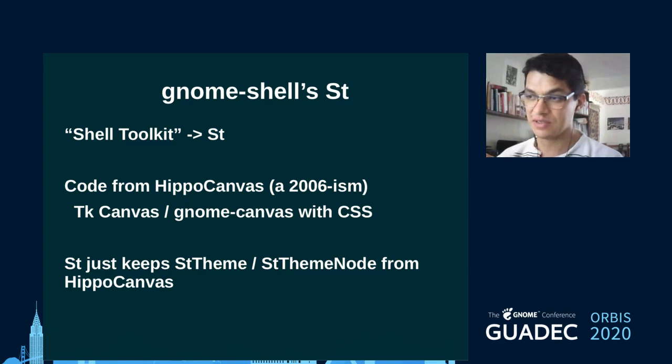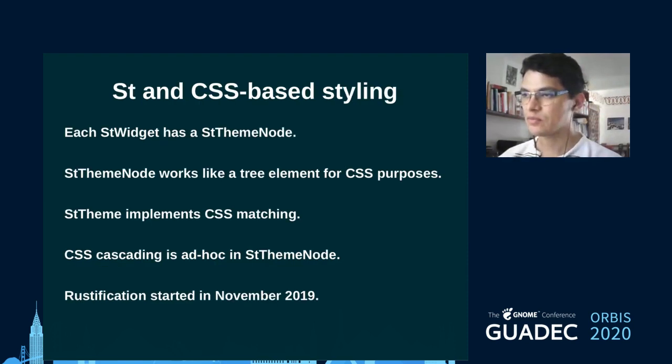So we now have HippoCanvas in the form of ST. And it's basically a retained mode graphics system that does its styling with CSS. So the only things left over from those times are ST-theme, which holds the representation of a loaded CSS style sheet, and ST-theme node, which I'll describe in the next slide.